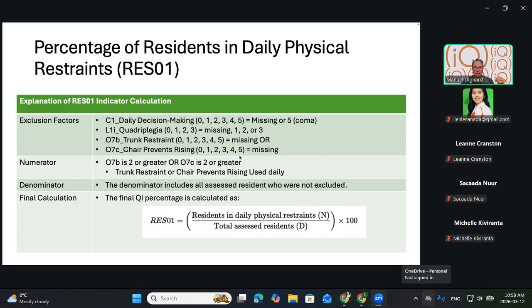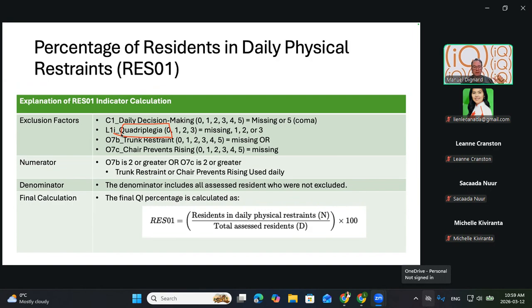Now, hypothetically, or logically, if someone has quadriplegia, then you should not have ticked off that they're restrained. So this exclusion is there for nothing. It's there in case you ticked it off.